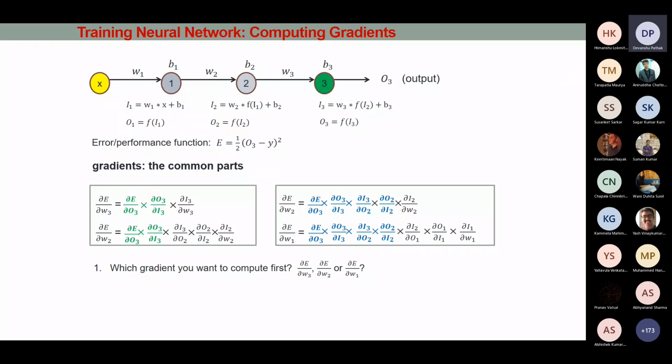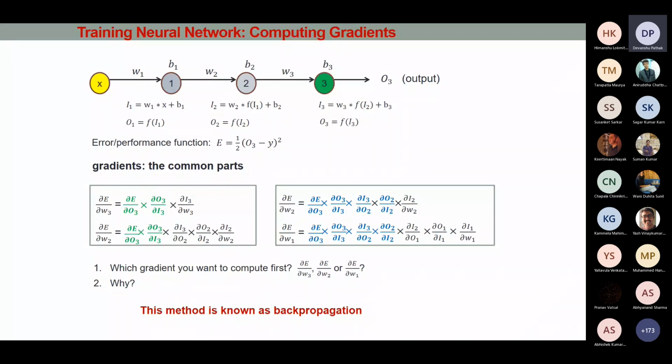Yeah, that's right. So if you can compute del E del W3 fast, then you can see the green portion in this. The green portion is common to del E del W2. So when you compute del E del W3, you simply store the green portion in some variable, in some table, then when you're computing del E del W2, you do not need to compute that green part again.